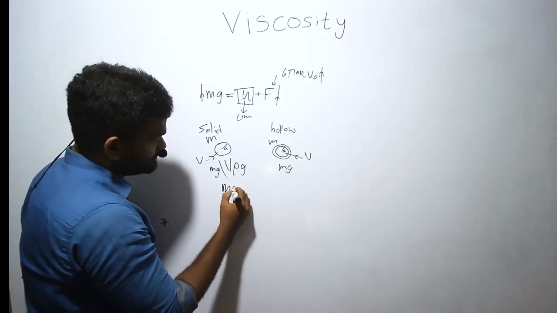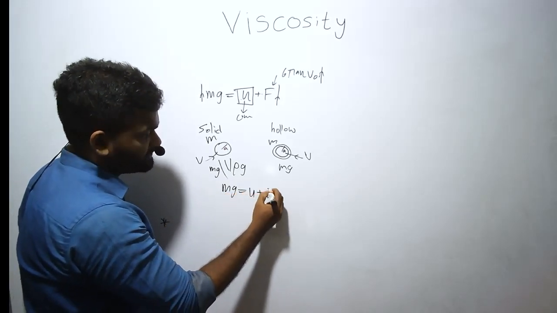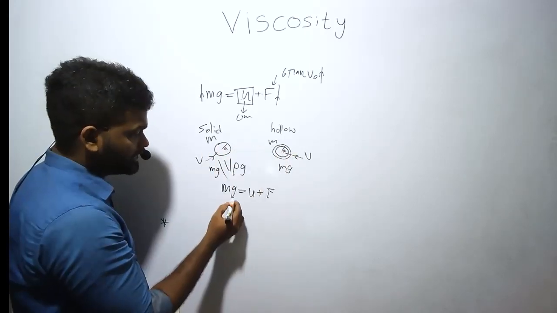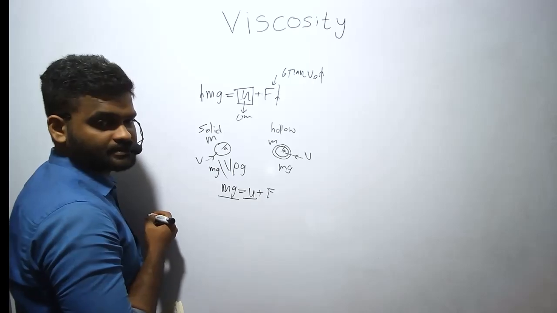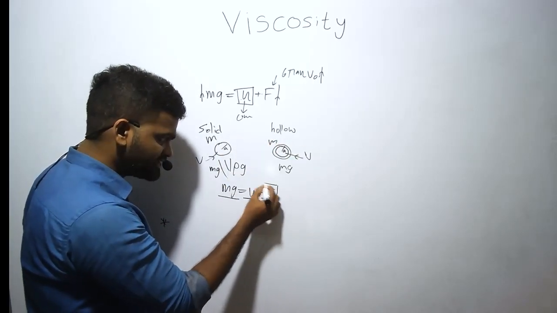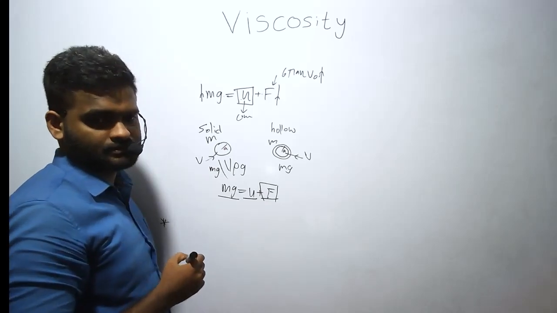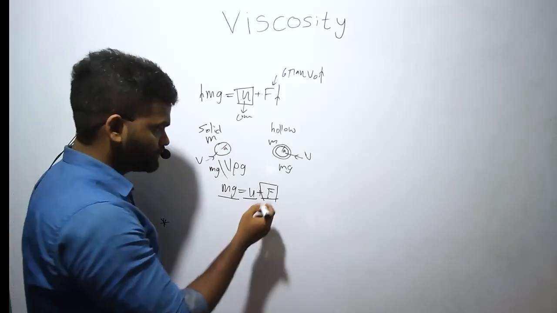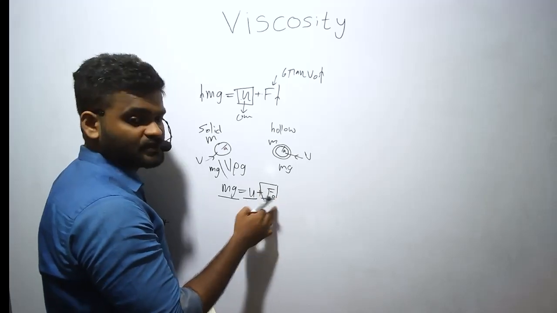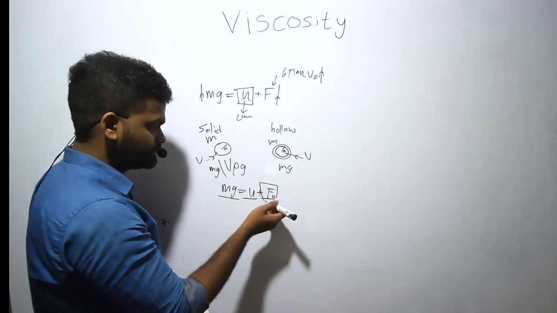So what's the equation? mg equals U plus F. Comparing these two, they have the same weight and the same upthrust, so they should have the same F as well. F means F naught actually, the viscous force at terminal velocity.